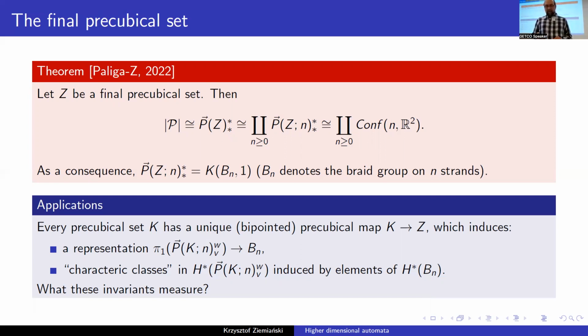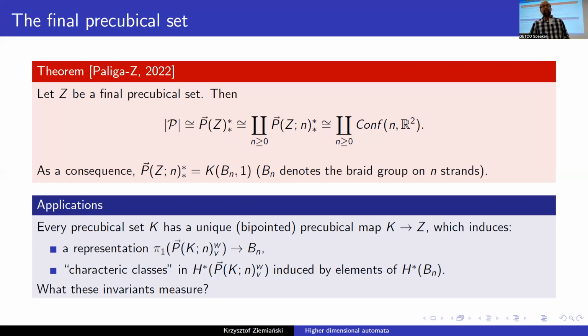As a consequence, this is a disjoint union of Eilenberg-MacLane spaces. The fundamental group of every component is a group of braids of n strands, and that gives some applications. You get some invariants defined on your space of directed paths.